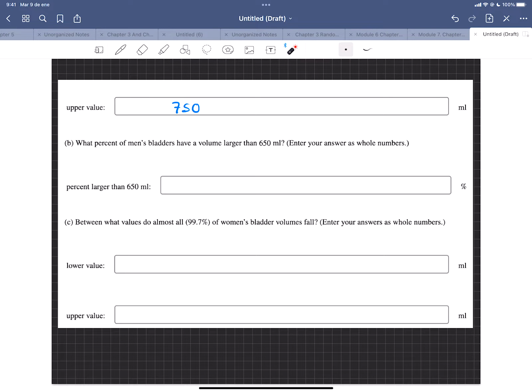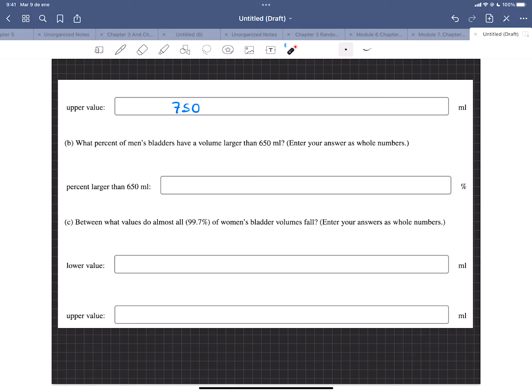Larger, then use the right tail, larger. Then x value equal to 650. See that? And then OK.